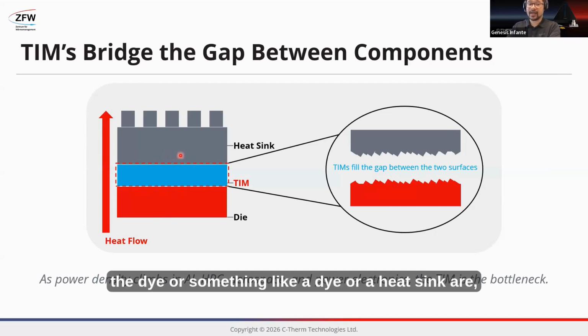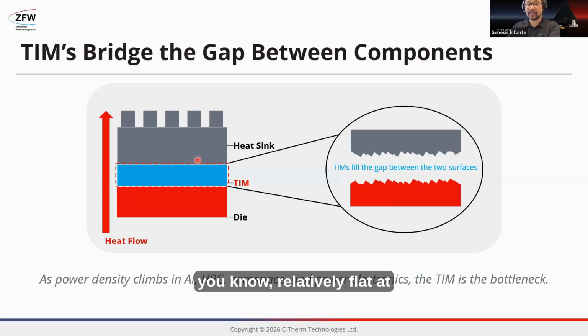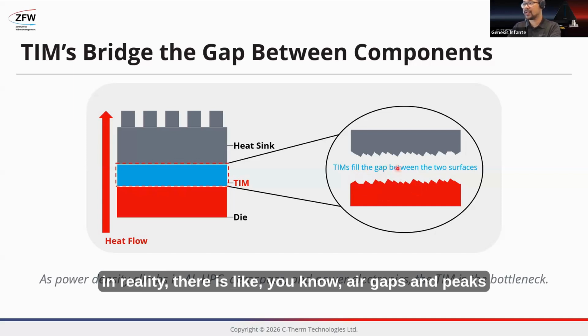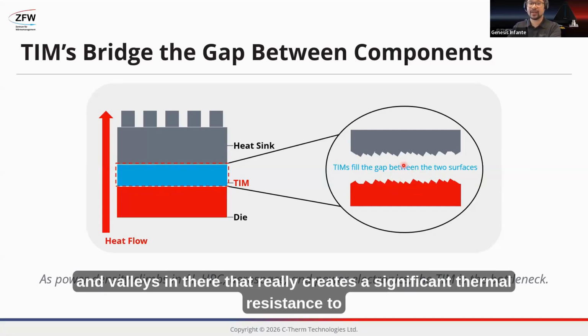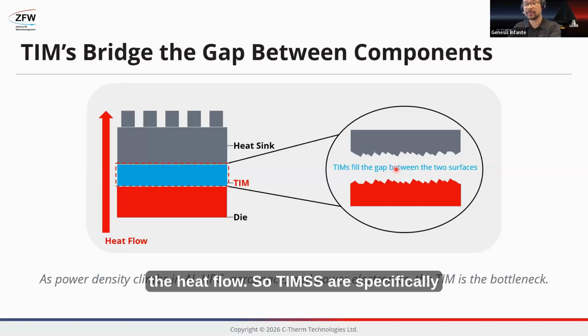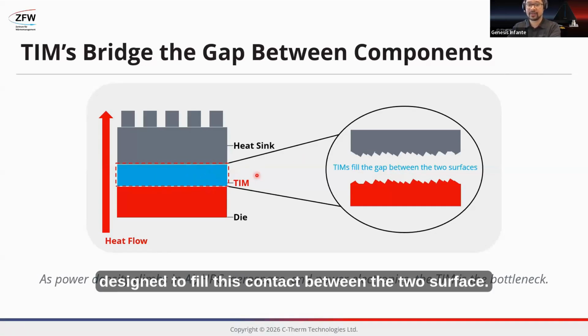Although a die or a heat sink is relatively flat, at the microscopic level there are actually air gaps, peaks and valleys that create a significant thermal resistance to the heat flow. So TIMs are specifically designed to fill this contact between the two surfaces.